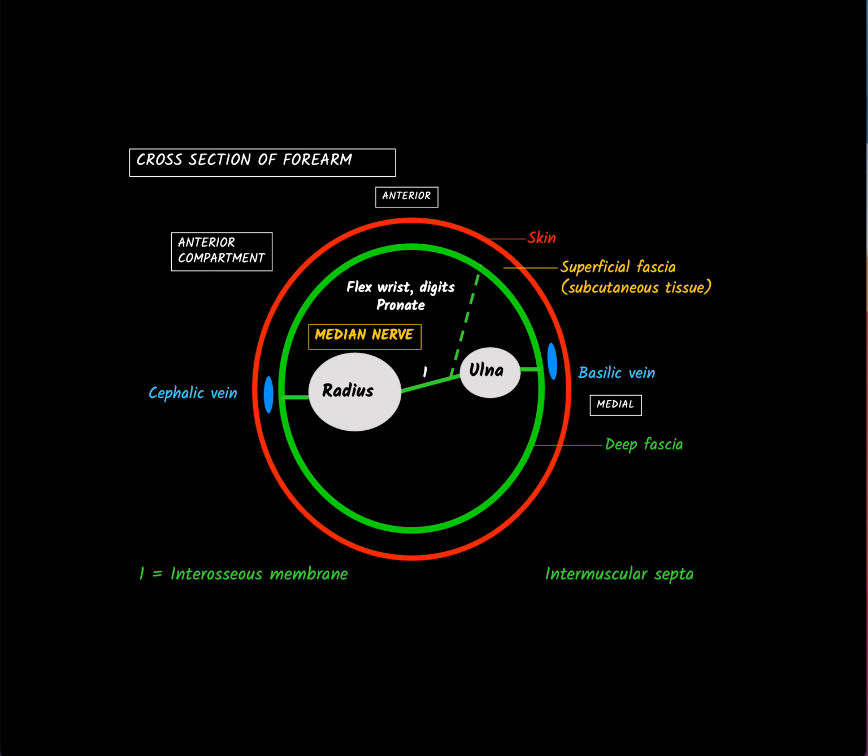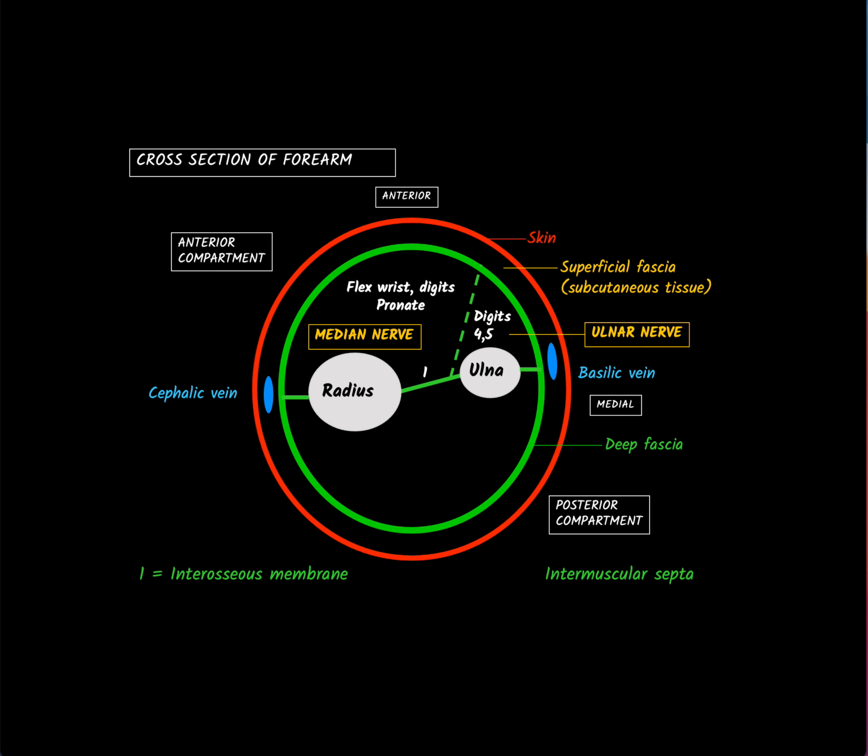Within the anterior compartment there is a separate small compartment, and the muscles present in it are not many. They are the part of flexor digitorum profundus for digits 4 and 5, and flexor carpi ulnaris, and these muscles are innervated by my ulnar nerve.